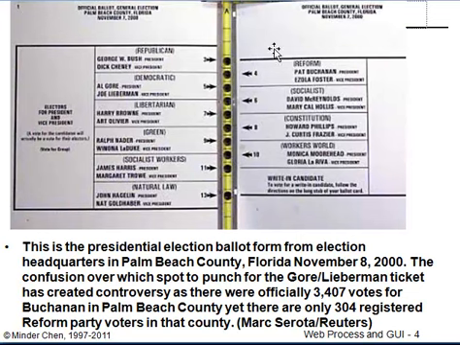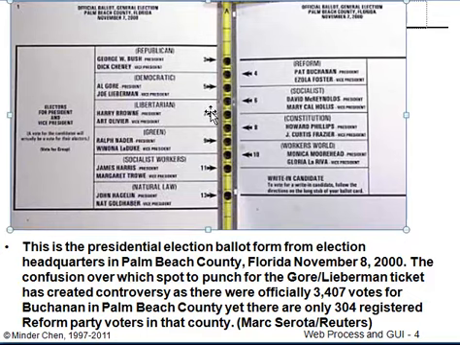And if you look at this diagram here, can you figure out what that is? Actually, this is the presidential election ballot in Florida, Palm Beach County, and how you punch the hole in order to select a certain candidate can be very confusing.